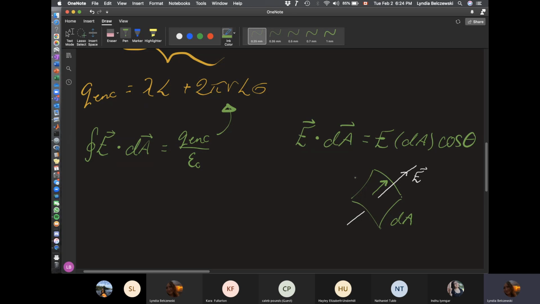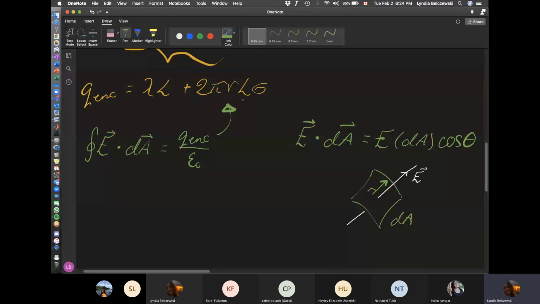For example, for the front of a book, the vector you would use to describe it would come straight out of the book at a 90-degree angle from that flat surface. So the dA vector is actually at 90 degrees to the surface itself.